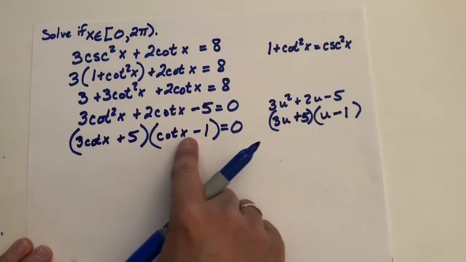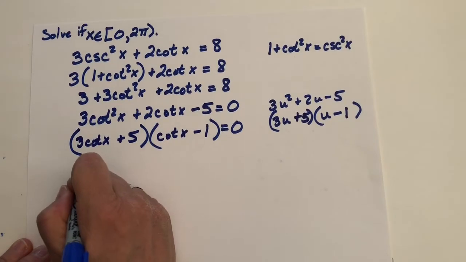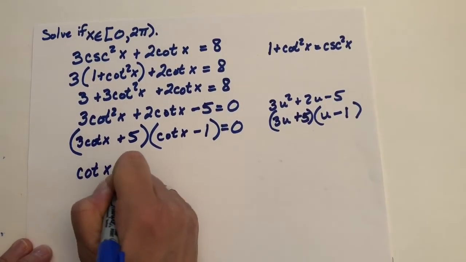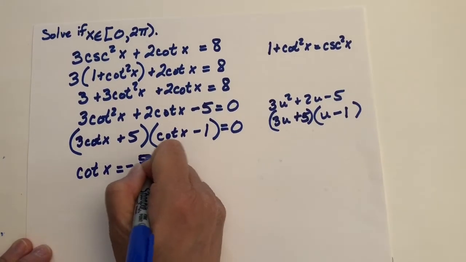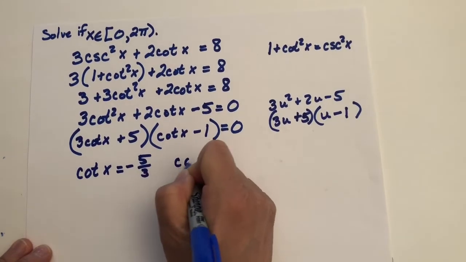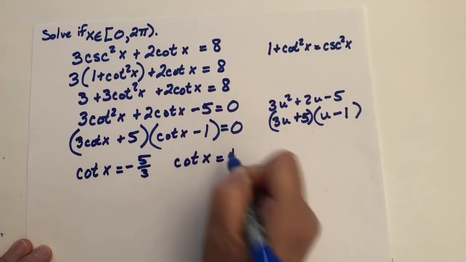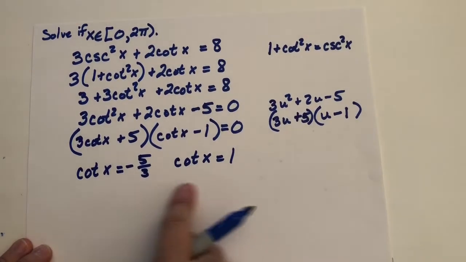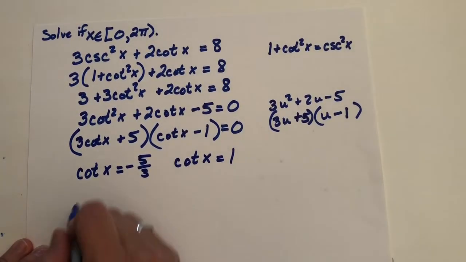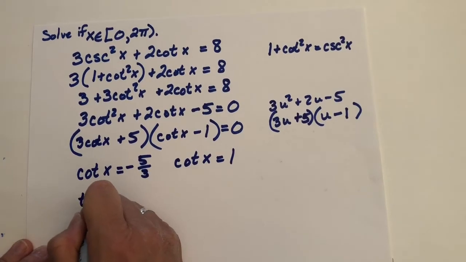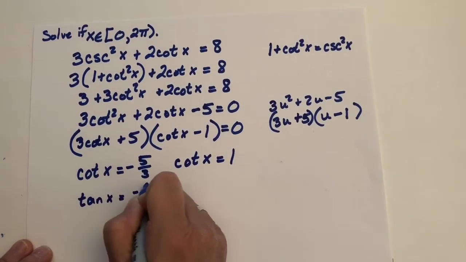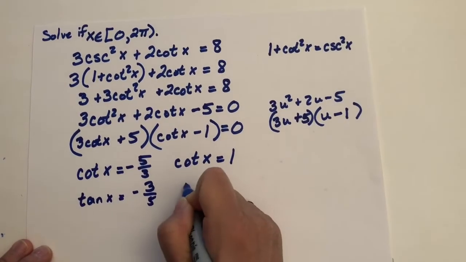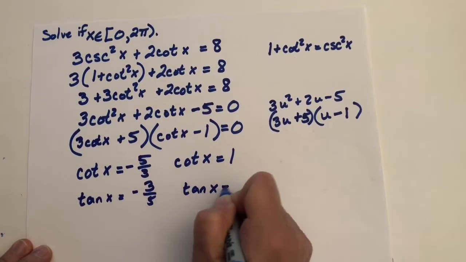So if we set each of our factors equal to 0, we would have cotangent of x equals negative 5/3, and cotangent of x equals positive 1. I prefer to write it with respect to the tangent because I'm going to use my calculator here in a minute. So tangent of x equals negative 3/5, and the tangent of x equals 1.